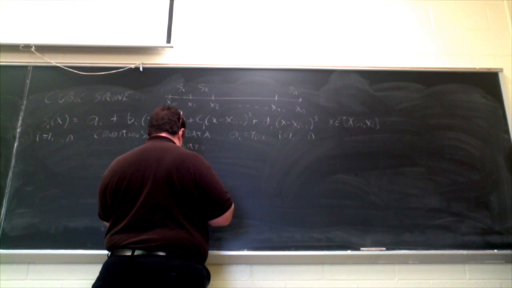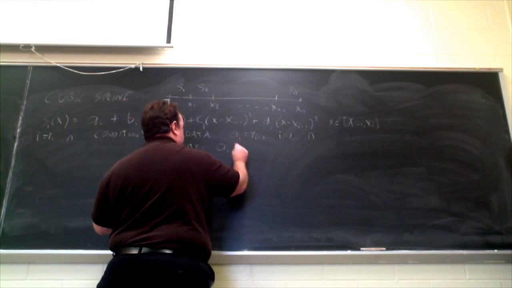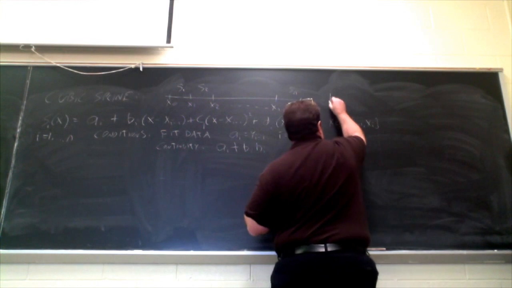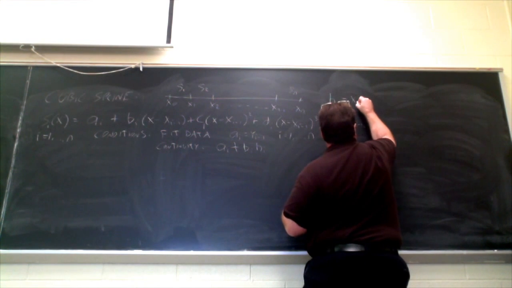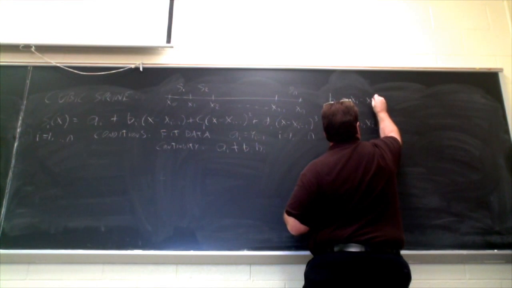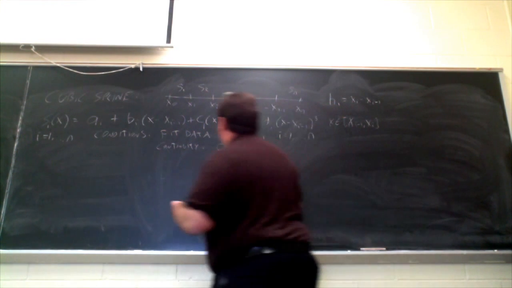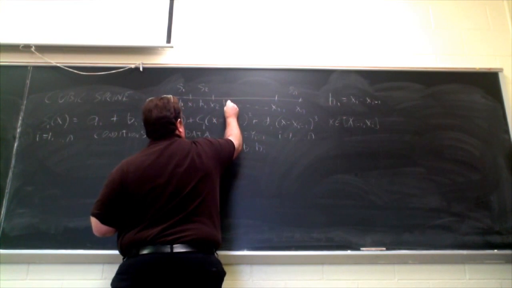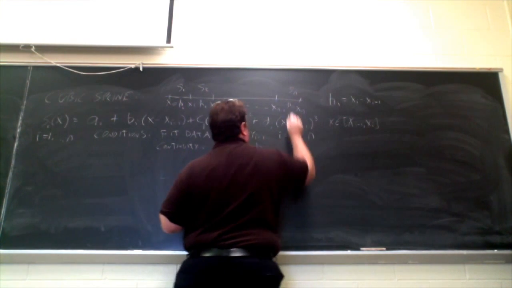So a_i plus b_i h_i, where h_i is the difference between consecutive x's, so it's the width of each subinterval. So h1, h2, h3, and so on up to hn. Those are the widths.